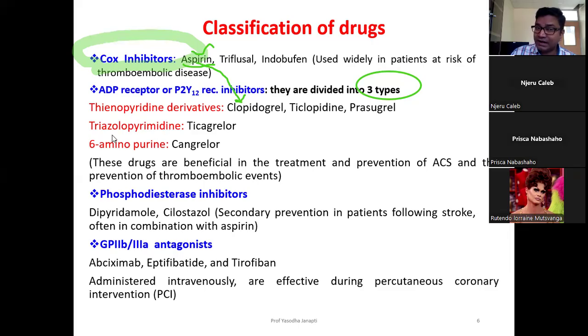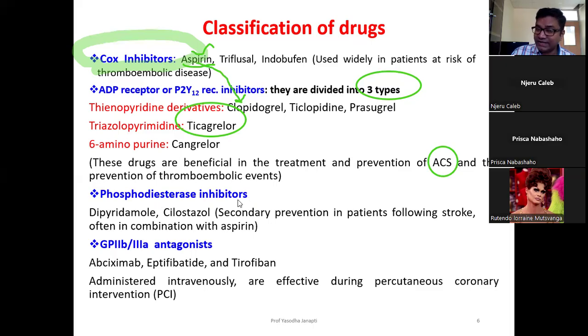Then triazolopyridine, pyrimidine, ticagrelor. Then 6-aminopurine, cangrelor. These are ADP receptor or P2Y12 inhibitors. They are beneficial in the treatment and prevention of acute coronary syndrome, angina pectoris, and also in prevention of thromboembolic events.